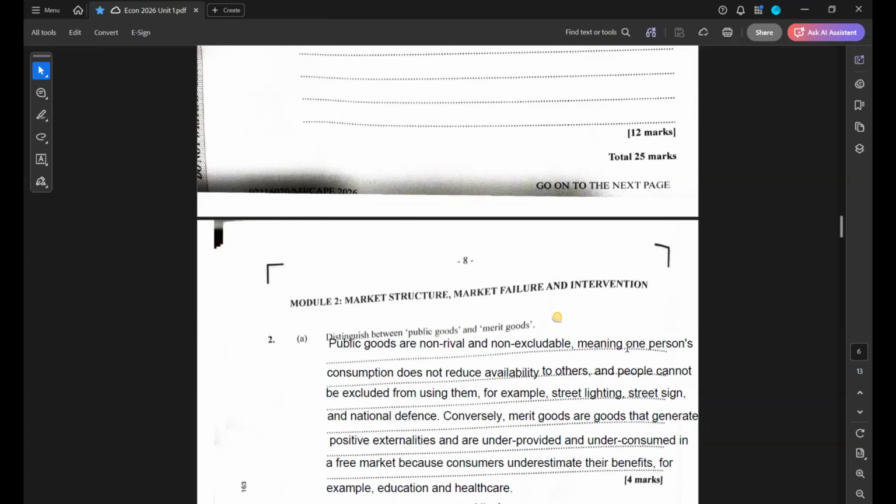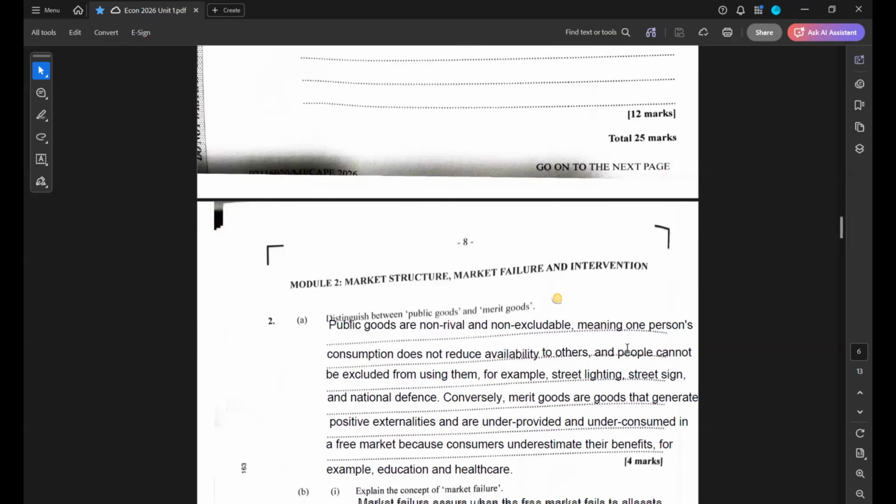Conversely, merit goods are goods that generate positive externalities and are underprovided and underconsumed in a free market because consumers underestimate their benefits, for example, education and healthcare, right? You receiving education and healthcare is not just benefiting you, but the wider society, okay?